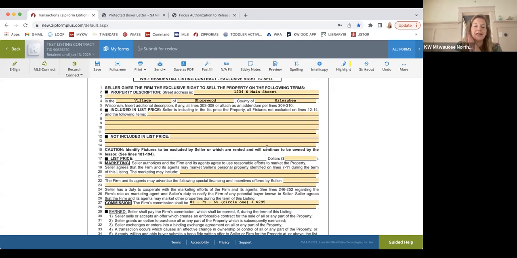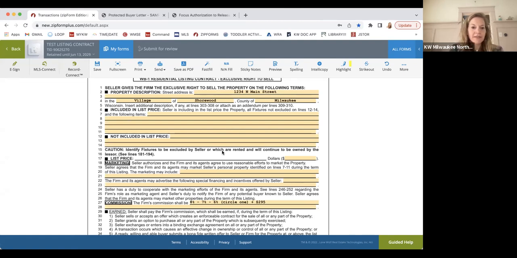Sorry, anything attached to the home. In this section, lines 6 through 11, we would identify things not attached to the home that are included. So appliances, any personal property that the seller is willing to leave behind. And likewise on lines 12 through 14, we would list anything not included in the list price.